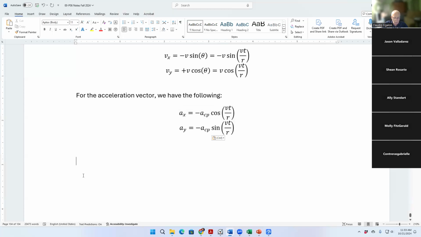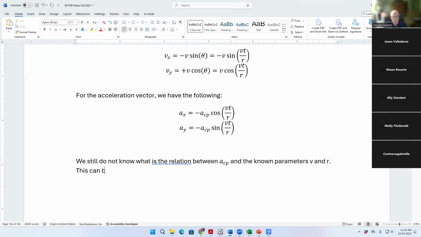We still do not know what is the relation between ACP and the known parameters, V and R. This can be obtained by using arguments of geometry.